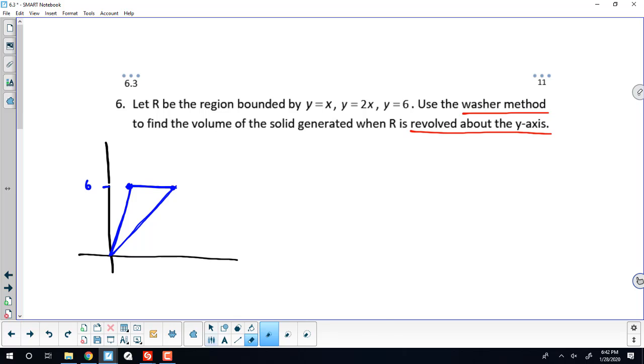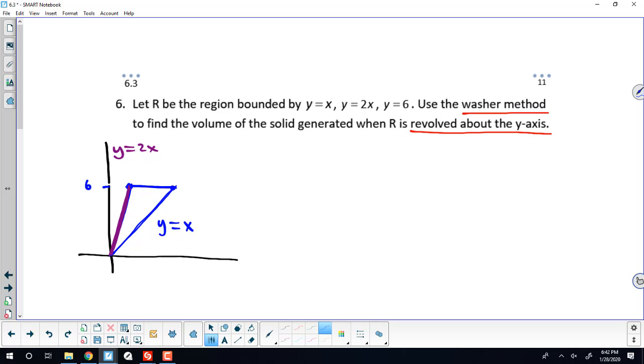I'll do these in different colors. Say that one's y equals 2x. Okay, so sketch your region and then go back to the problem, what am I using?